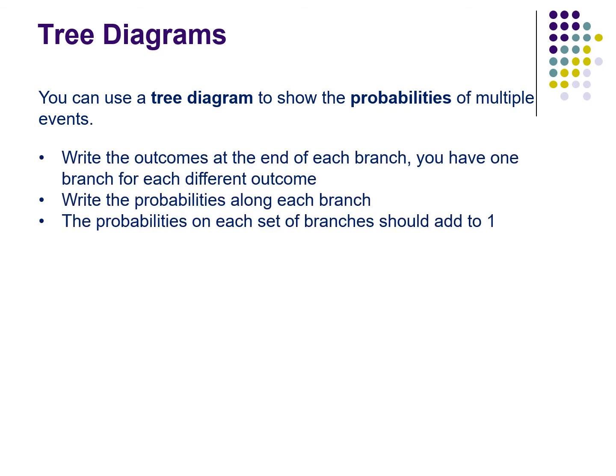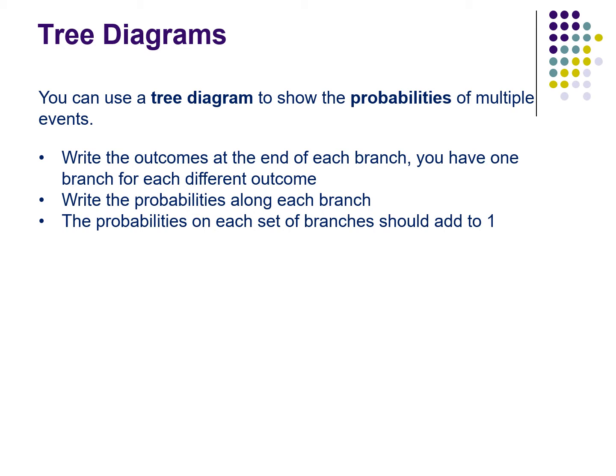Okay, so we draw branches in a very similar way to what we did with our frequency trees. At the end of each branch we write our outcome, and you have one branch for each different outcome. So when you start drawing it, the first thing you're going to think about is how many different outcomes can I have for my first event, and that's going to tell you how many branches to start with.